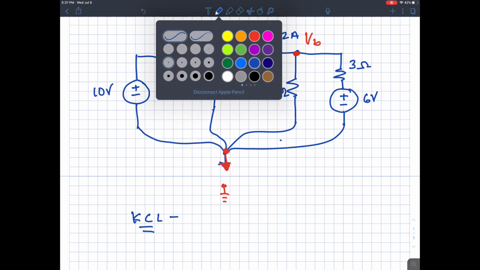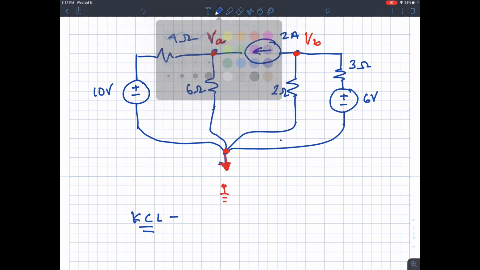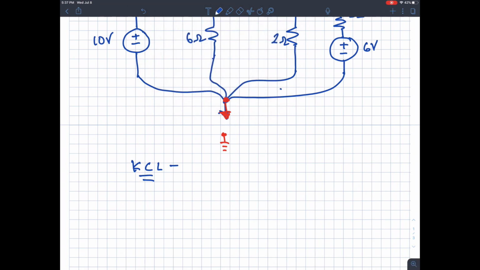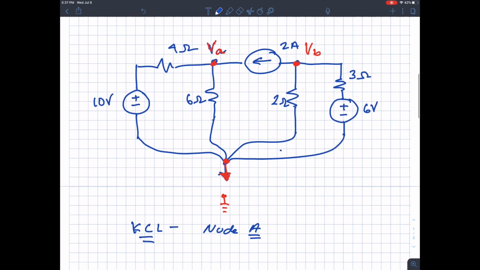I'm going to label these currents. I'm going to start with node A. I have the voltage with respect to the reference, so this would be plus and then minus.